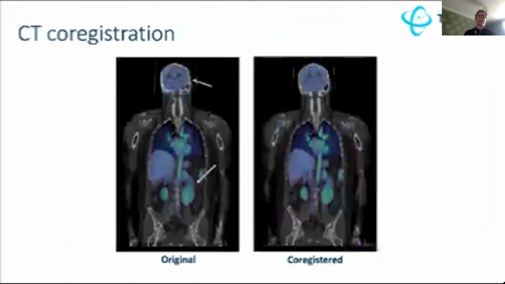It is also possible that there are mismatches between the CT and the PET images that would need to be corrected. And ideally, these misalignments would be corrected already during reconstruction. But however, no suitable methods are currently available for this purpose. And therefore, the misalignments need to be corrected using post-reconstruction methods.